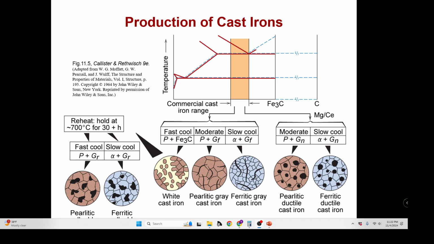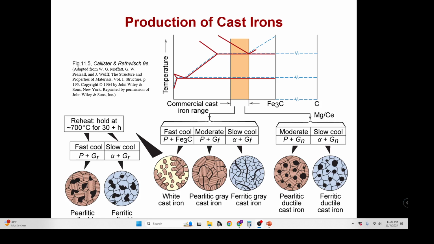Then you have the white irons, so they come a little higher up. Fast cooling will give you pearlite and cementite. Moderate cooling gives pearlite with some graphite flakes. Slow cooling will give you alpha with graphite flakes, bigger graphite flakes.